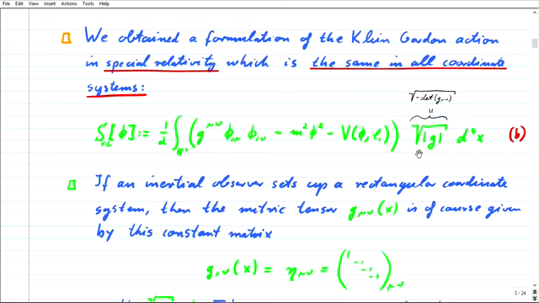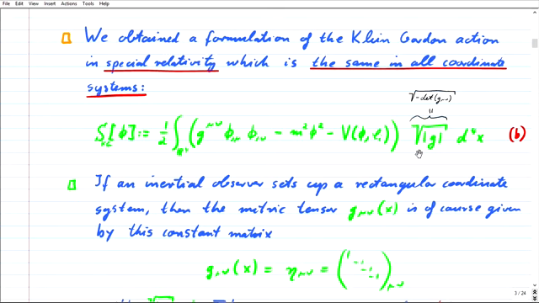We still have the partial derivatives here, and G mu nu now is the generalization of the eta mu nu. This is scalar, so there's no changes. The potential we assume here to be scalar as well. And we needed this factor of the square root of the absolute value of the determinant of the metric.